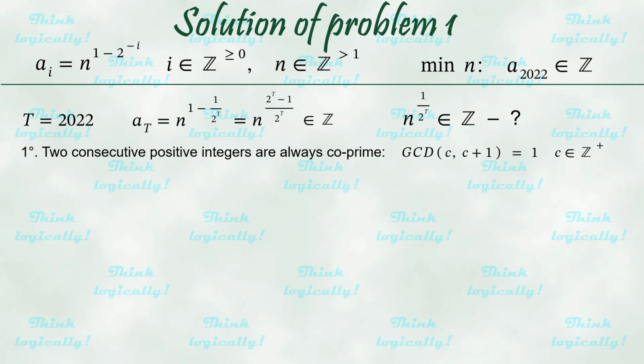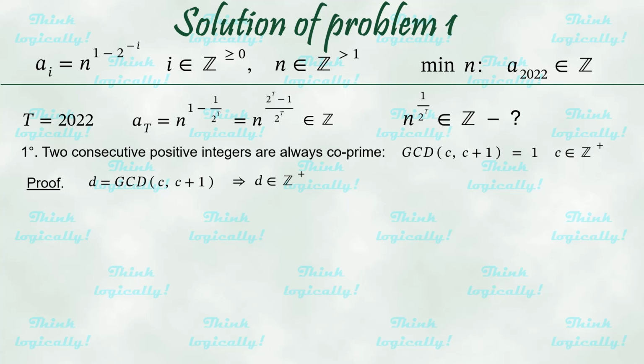In other words, the greatest common divisor of c and c plus 1, where c is a positive integer, is always equal to 1. So let d be the greatest common divisor of c and c plus 1. This means that d is a positive integer and d is a divisor of both c and c plus 1.